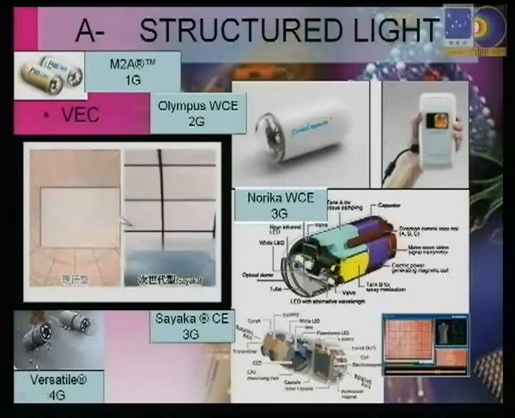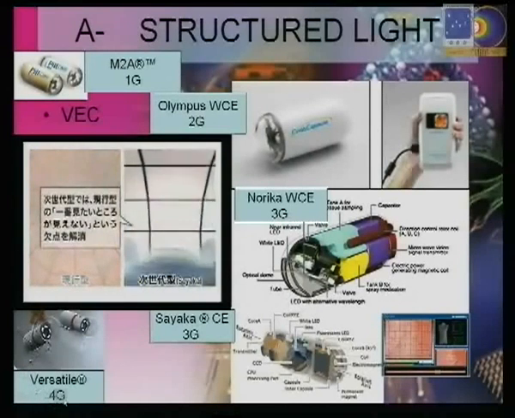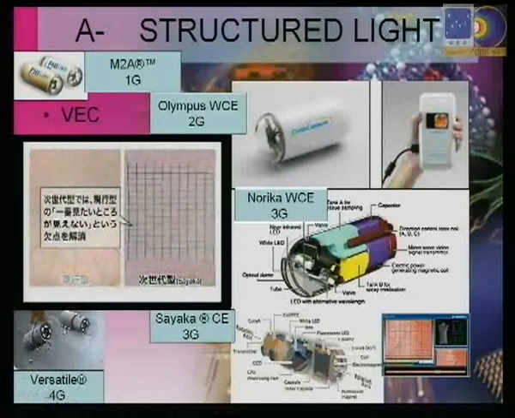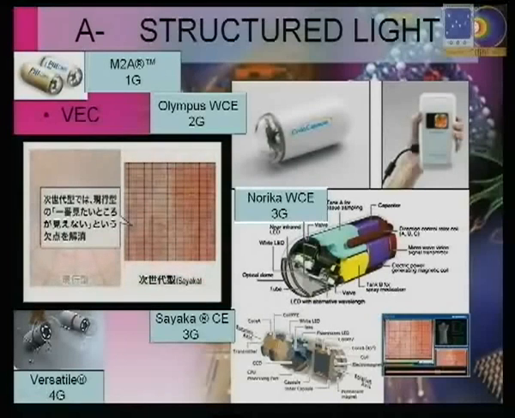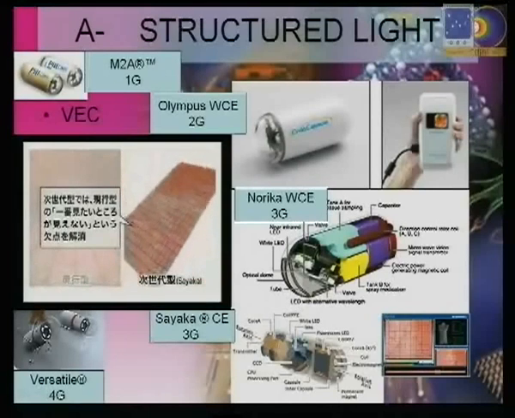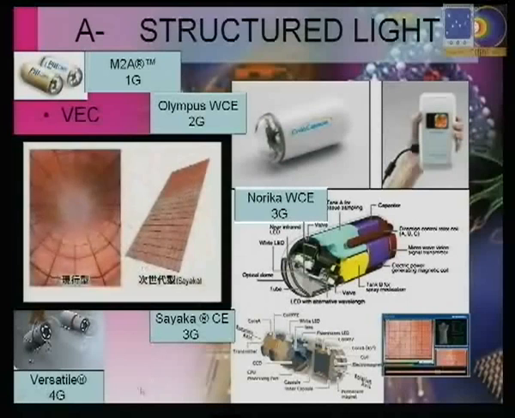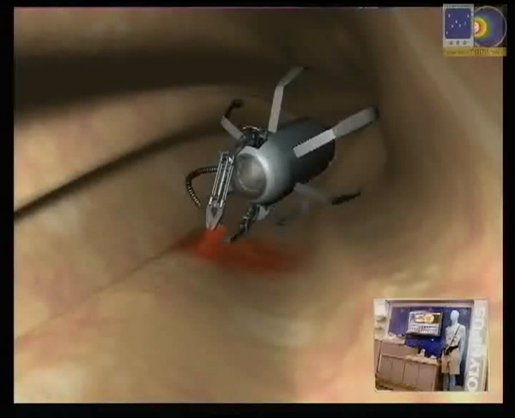That is the reason why the 4G, the fourth generation type of capsule, is built with legs in order to propel themselves inside. And not only that, it is also built with devices that can go from the inside to the outside to take a biopsy.